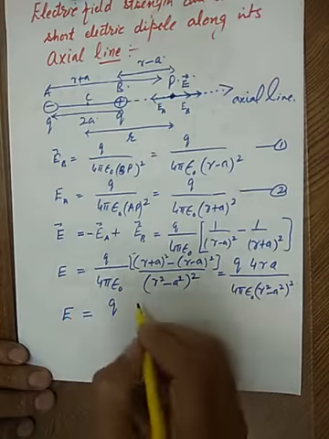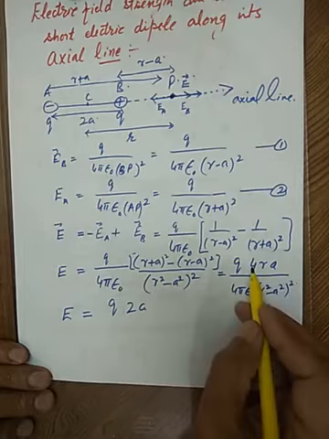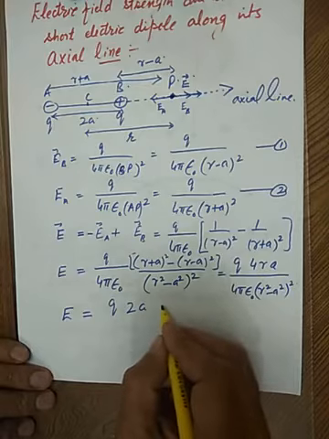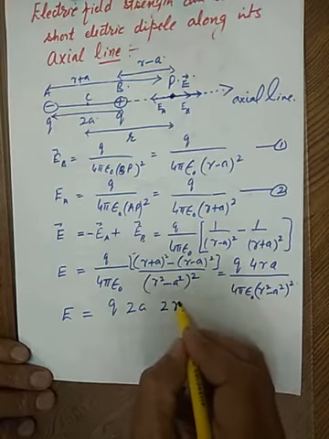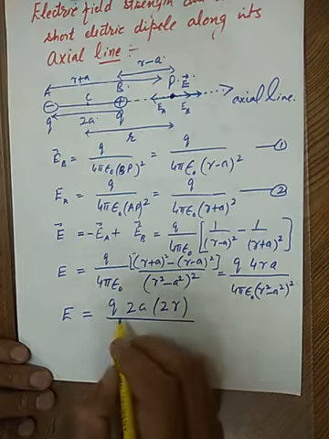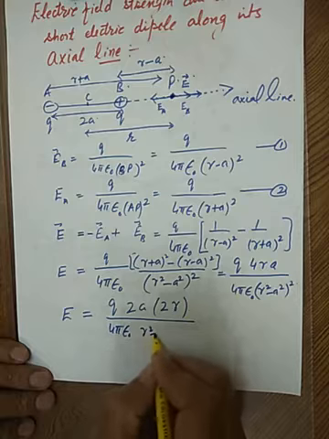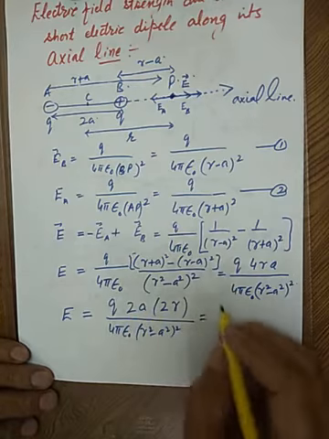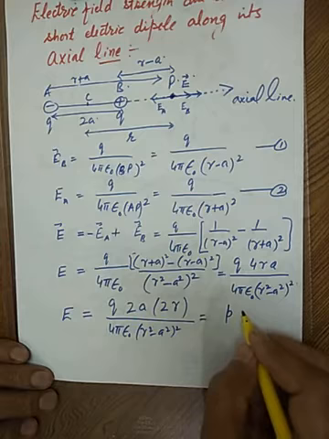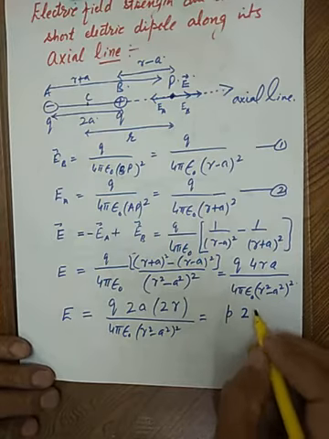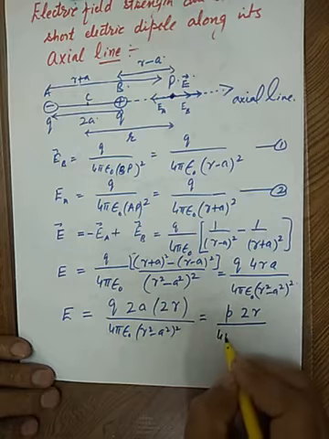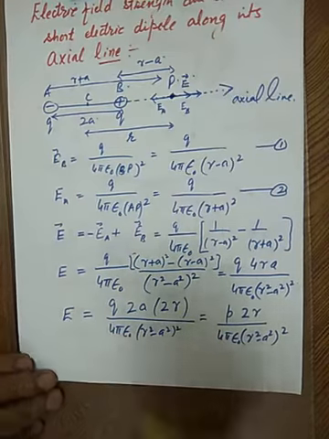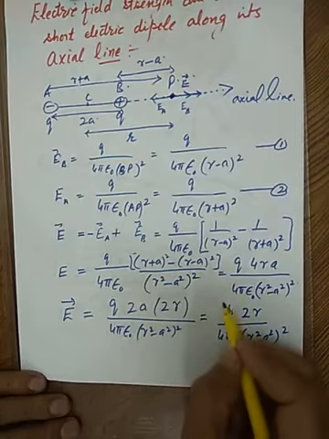So we write this as q into 2a into 2r upon 4 pi epsilon naught (r squared minus a squared) whole squared, and q into 2a, we know, is equal to p. So E is equal to p into 2r upon 4 pi epsilon naught (r squared minus a squared) whole squared. In vector form we can write it like this also.